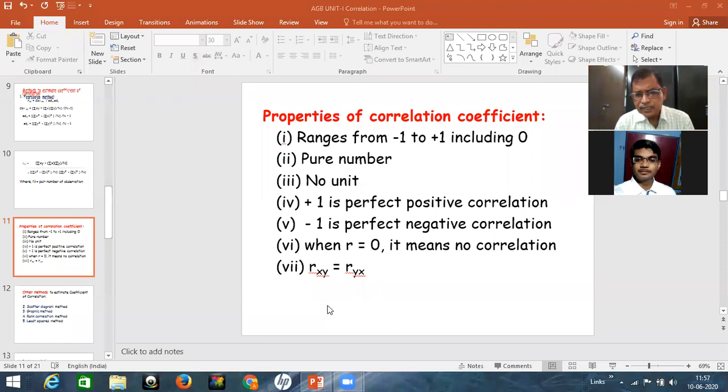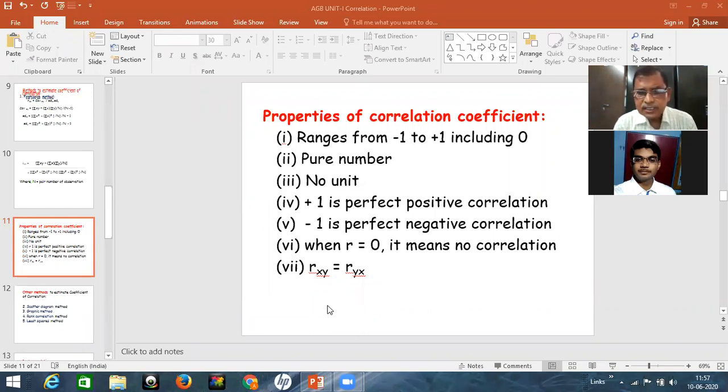Similarly, in the case of +1, both variables move in the same direction and also maintain a constant ratio. So -1 means perfect negative correlation, +1 means perfect positive correlation.